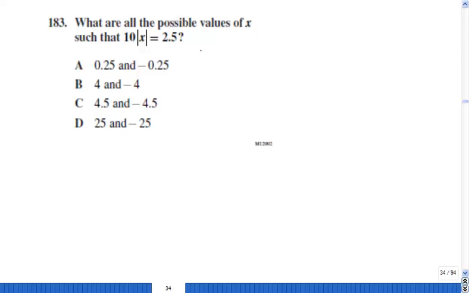Let's try another one. What are all possible values of x such that 10 times absolute value of x equals 2.5? How are you going to solve that? Well, solve the equation. I have an absolute value equation. Okay, 10 times absolute value of x equals 2.5.